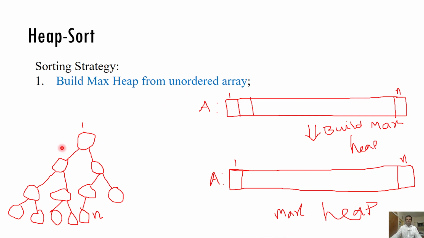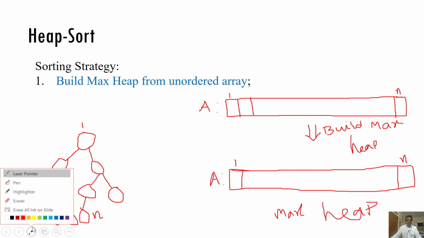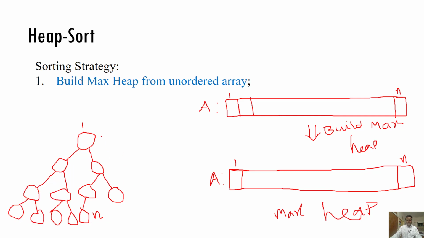So, we swap these two. This value will come here and this value will go there, and we discard this. That means we reduce the heap size, the array size, by 1.